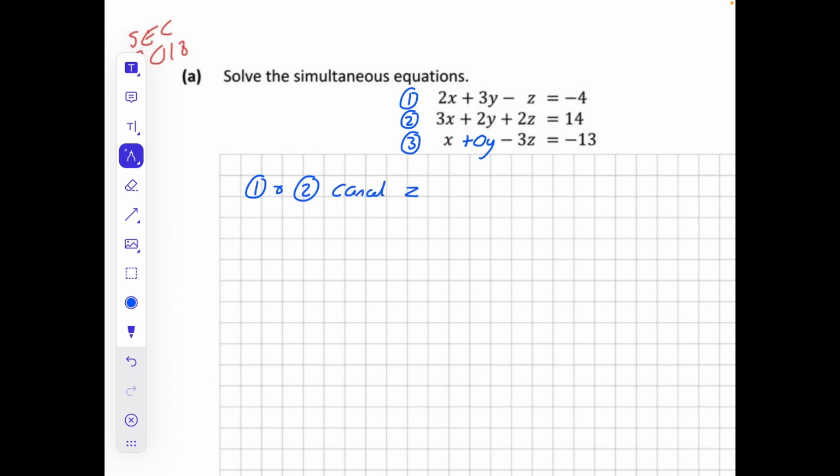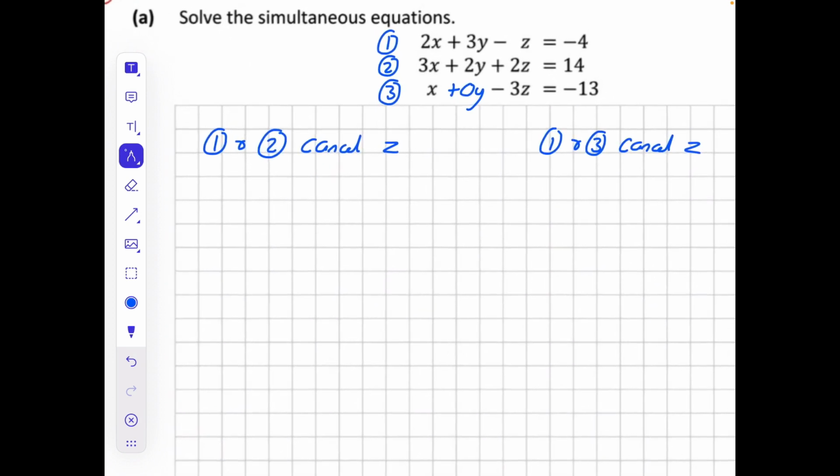And then I'm going to do equation 1 and 3, and cancel z, just to show you don't always have to do 1 and 2 and 2 and 3. Different combinations will work. But the important thing is I'm cancelling z's in all of those first two steps. If you want to pause, give it a go, and then resume the video to see how you got on. So we're going to take 1 and 2 and cancel z.